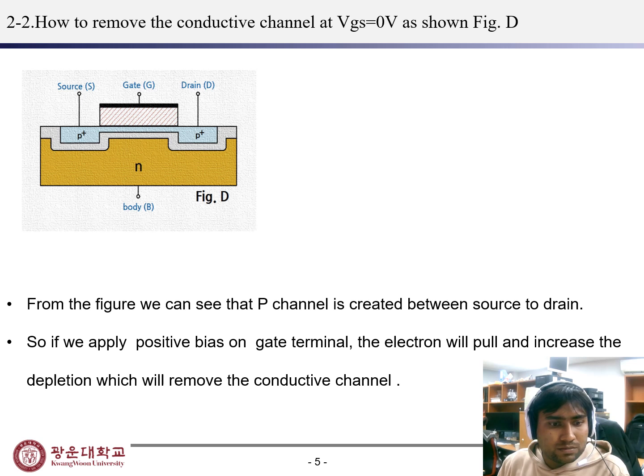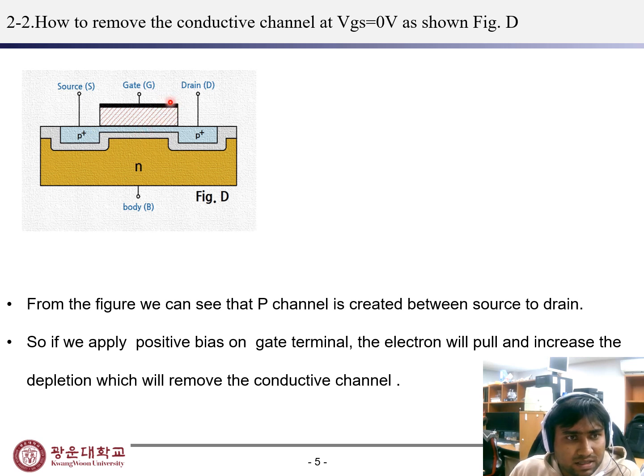Here, how to remove the conductive channel at VGS 0 volt. Here it's an n-type substrate, with p positive, that means higher p-type material here, and this is a p channel.